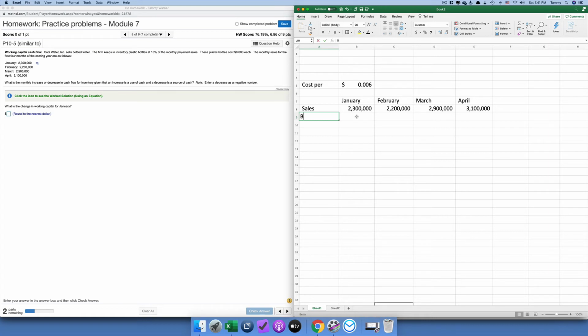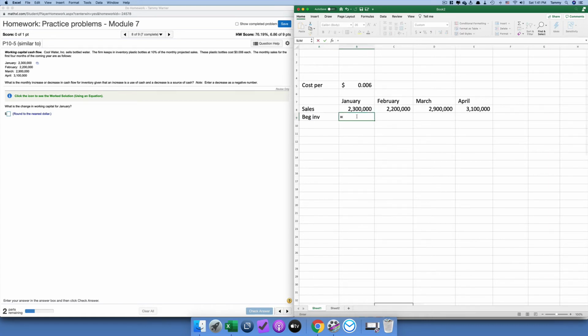Look at our beginning inventory, which is going to be 10% of the month's projected sales. So we can go ahead and copy that across. And then our ending inventory is going to be 10% of next month's projected sales.